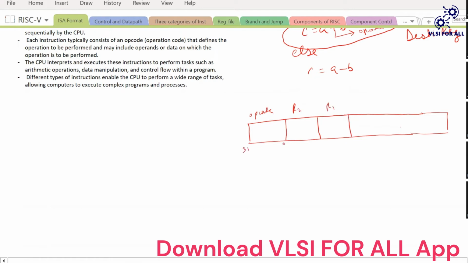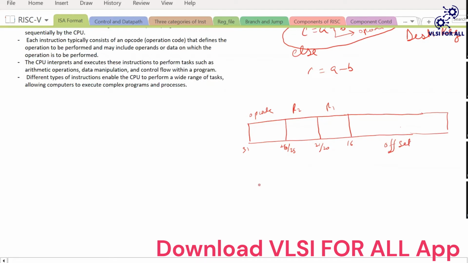These are bits 31 to 26, 25 to 21, 20 to 16, and this offset will be of 16 bits. Fine.